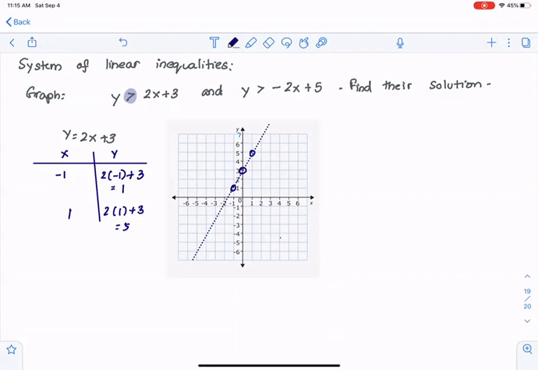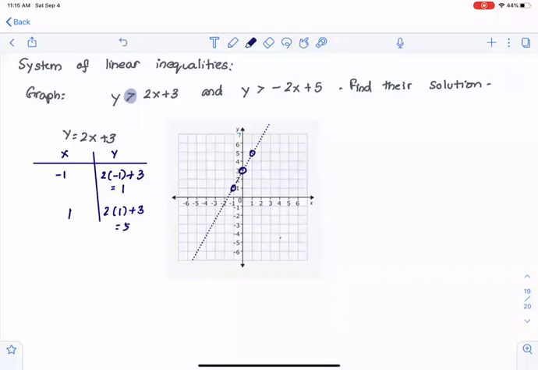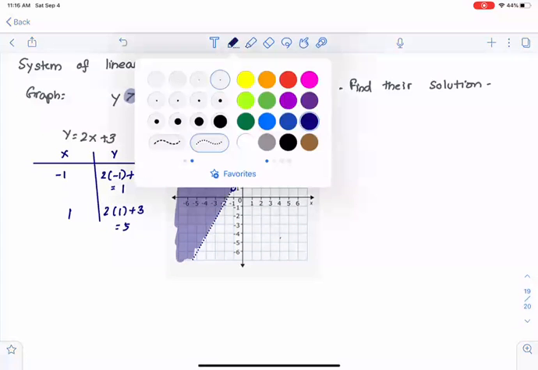Now it's time to sketch the region. It is greater than, so everything above. So I'm going to shade everything above. Then move on to the second line.